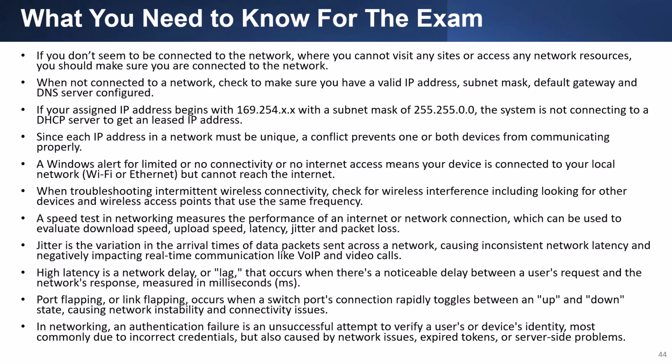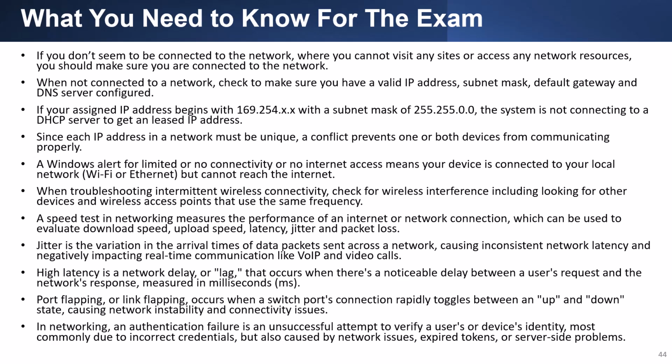When not connected to the network, make sure you have a valid IP address, subnet mask, default gateway, and DNS server configured. If your assigned IP address begins with 169.254 with the subnet mask at 255.255.0.0, the system is not connecting to a DHCP server to get a leased IP address. Since each IP address in the network must be unique, a conflict prevents one or both devices from communicating properly.